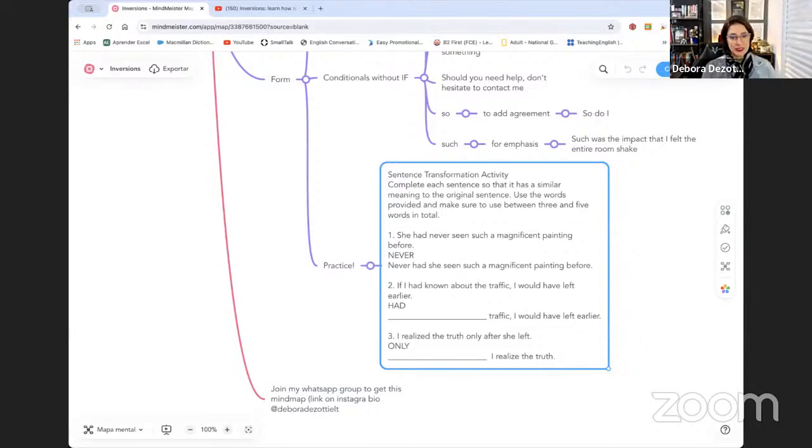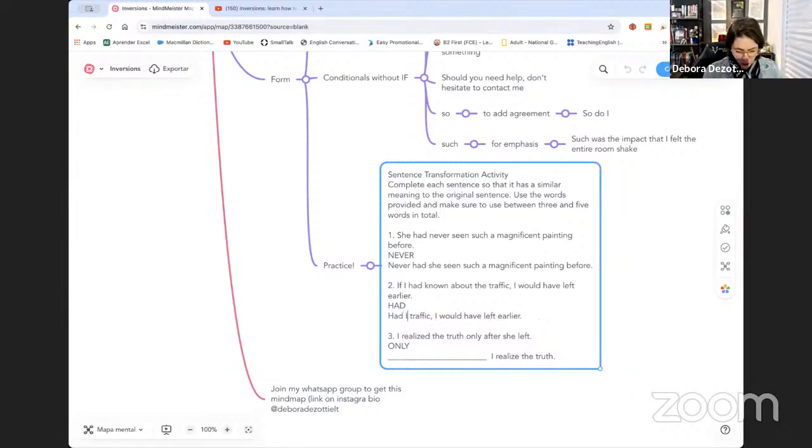That's it. Done. In the second one, is it a negative adverbial or are we creating a conditional without "if"? What do you think? From the first sentence, you can see that we are creating a conditional without "if." So we start with "had." If I had known about the traffic, I would have left earlier.